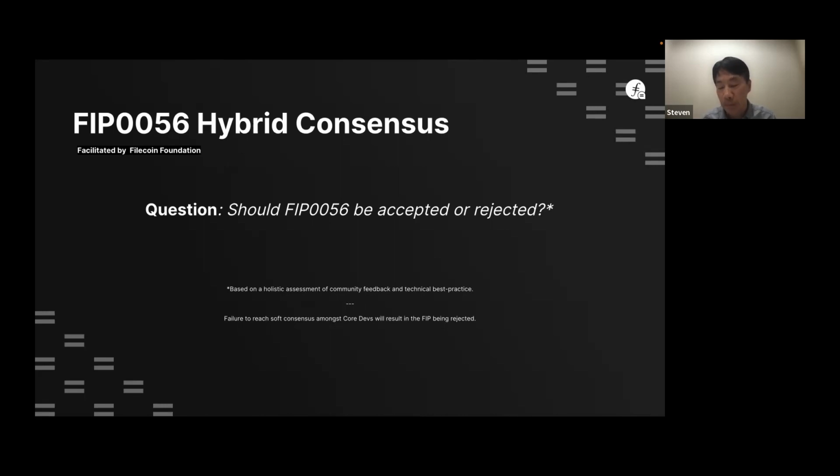One is actually disagreements about how to evaluate the network value. Different groups of people have different methods or different points for evaluating the whole Filecoin network value.